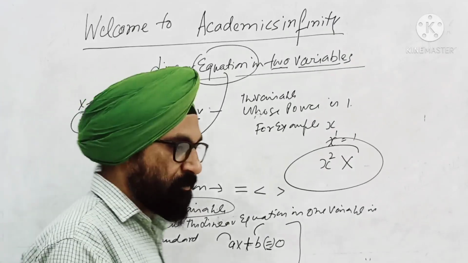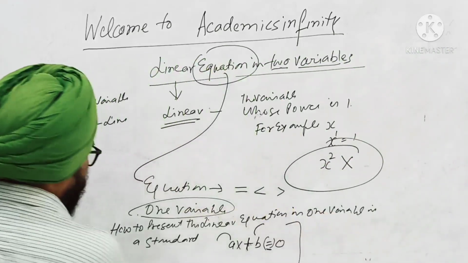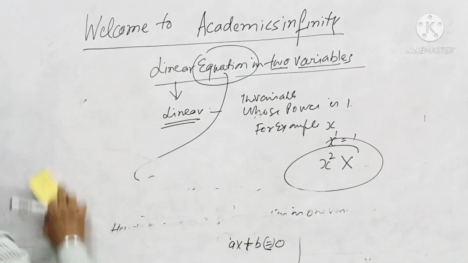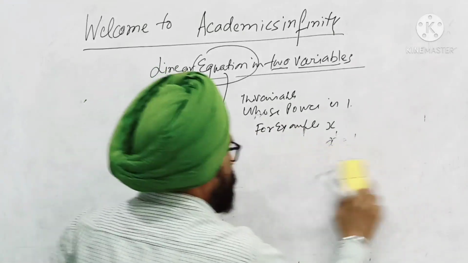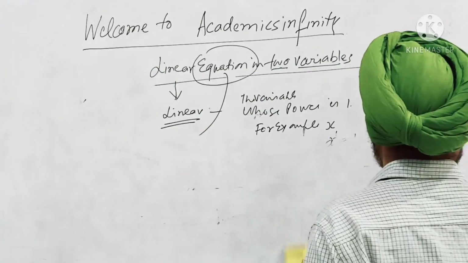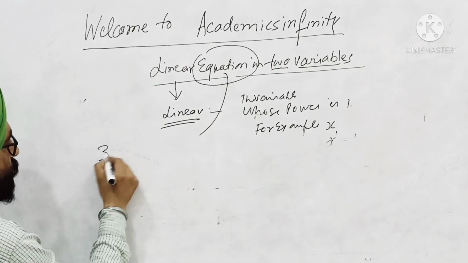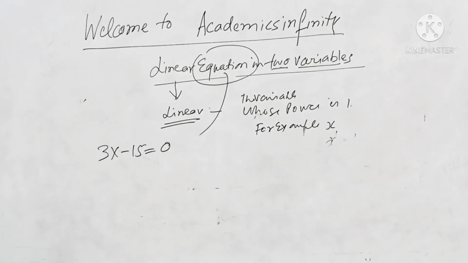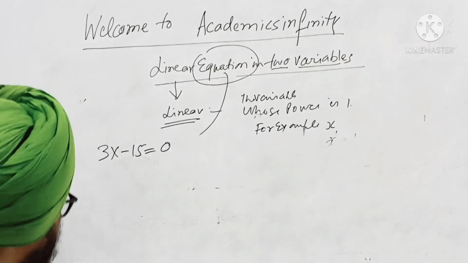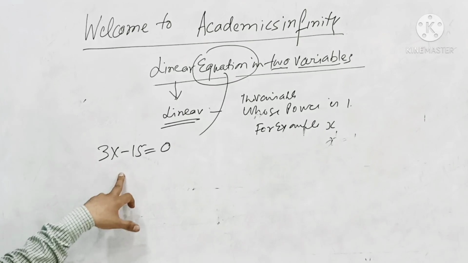Now we are going to take an example of the linear equation in one variable: 3x - 15 = 0. First we will prove that this equation is a linear equation in one variable.